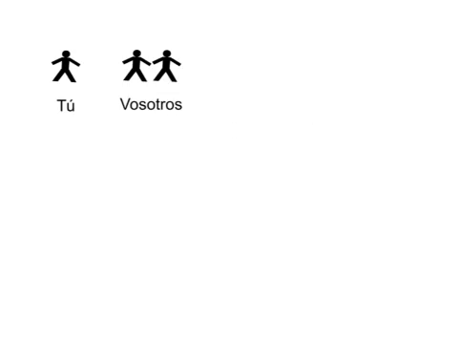So first of all we need to know who we are talking to. Now, if I'm talking to one person and I know them, or it's an informal situation, I'm going to use the tú form. If I'm talking to more than one person that I know, so a group of friends or a group of people where I'm talking in an informal situation, I'm going to use vosotros.